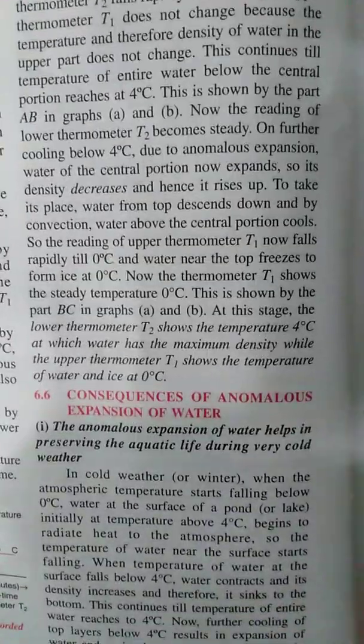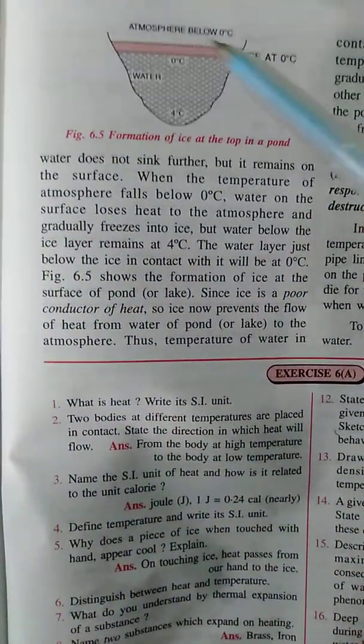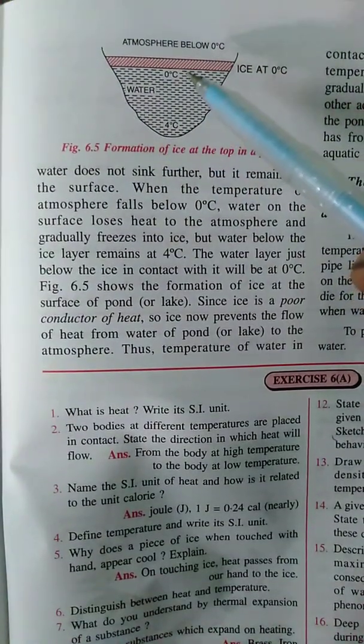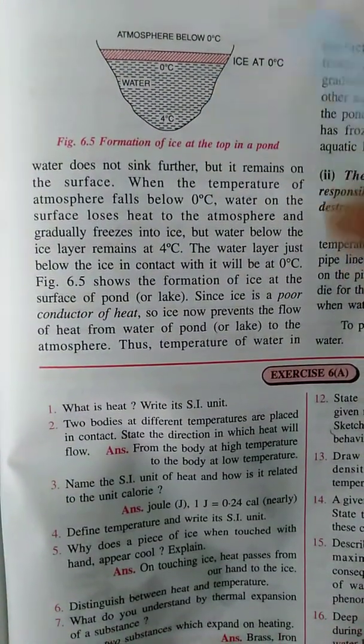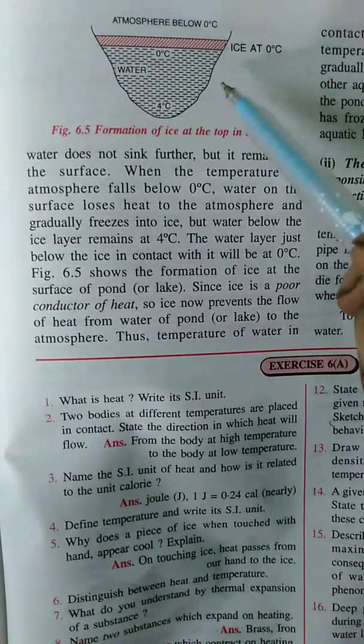Now, this anomalous expansion is very advantageous for plants and for aquatic life. How? Suppose this is a pond in a very cold country where the temperature of the surroundings is -5 or -10, below 0 degrees Celsius.